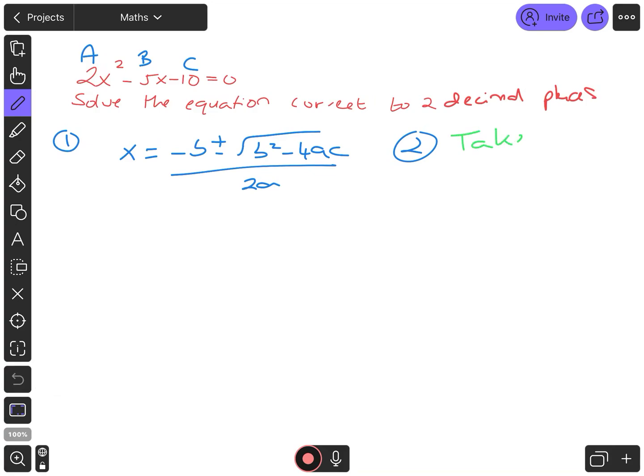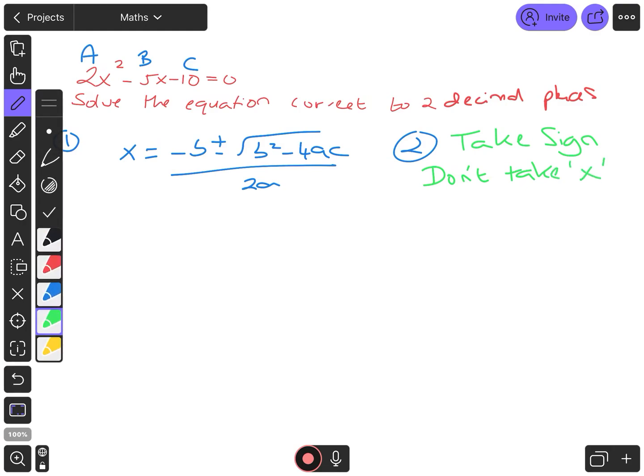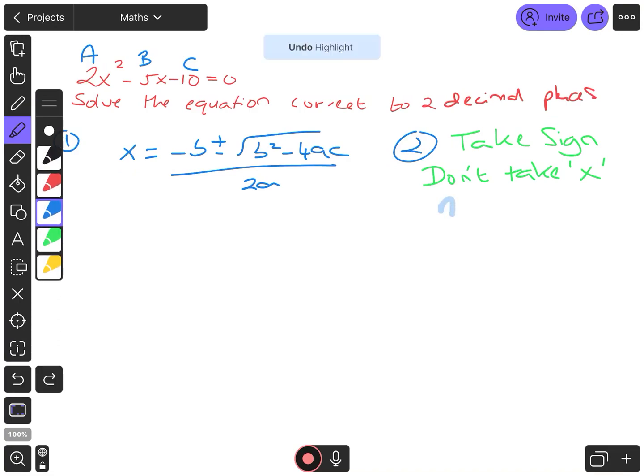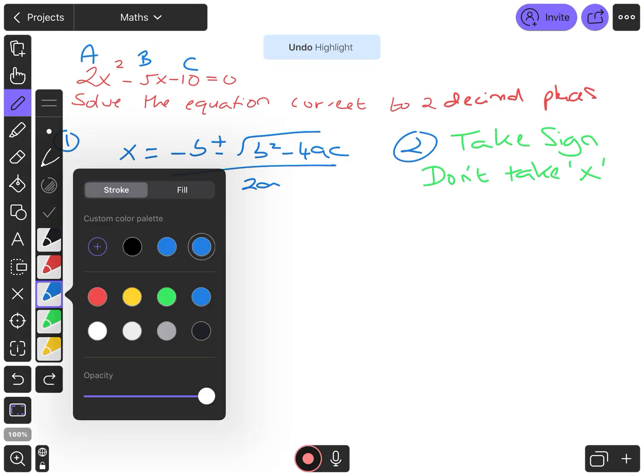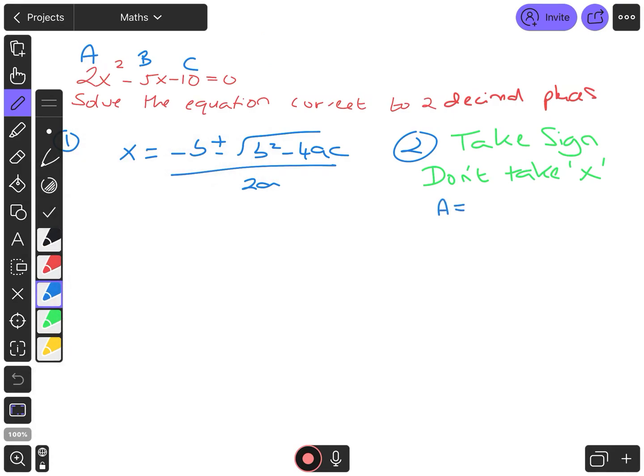Take the sign, so the minus or the plus, don't take the x. So when I'm taking the values from this, a is equal to 2, b is equal to minus 5, and c is equal to minus 10.